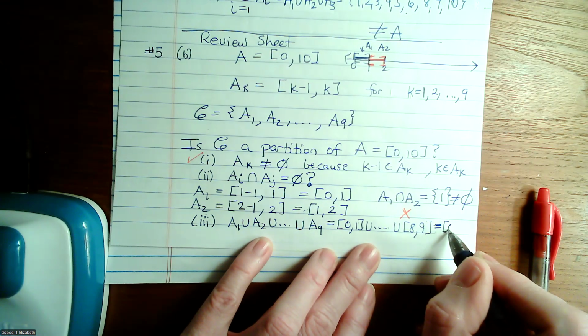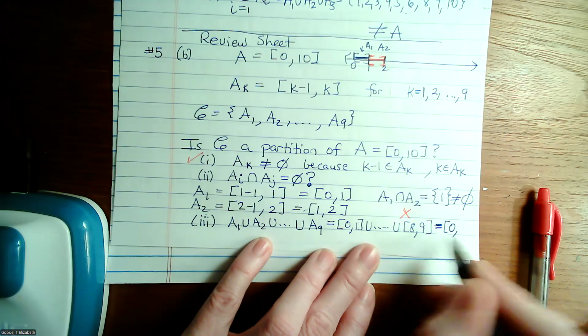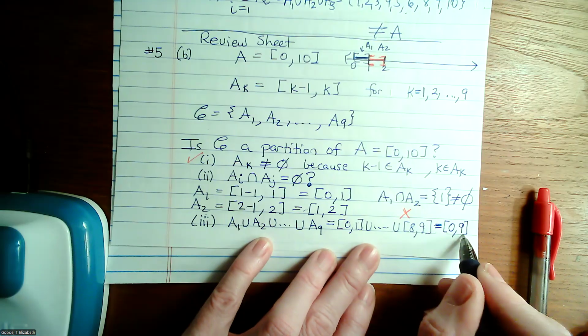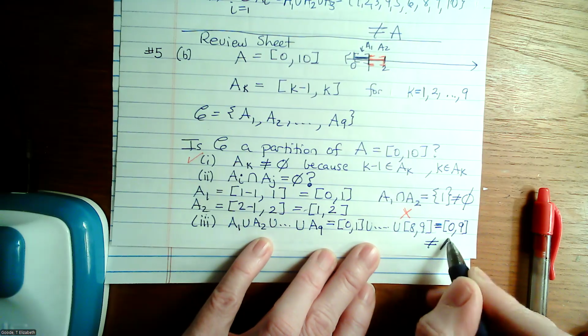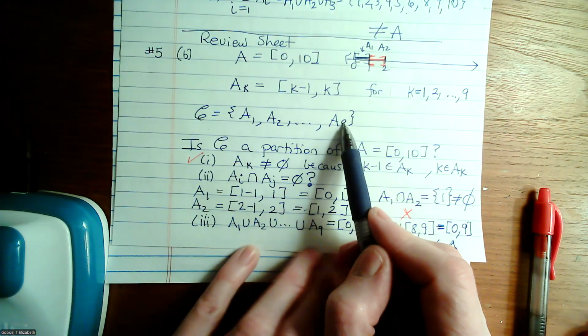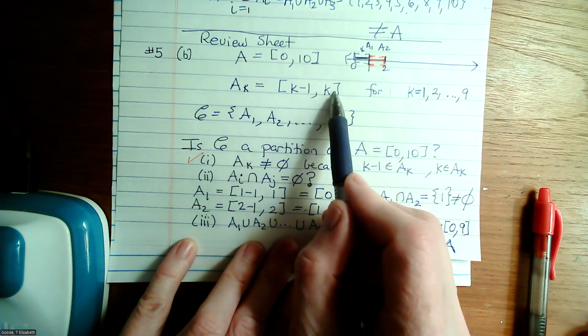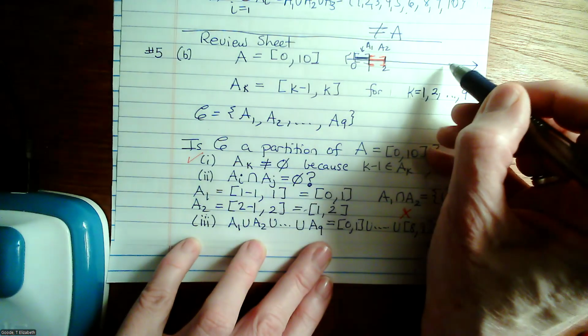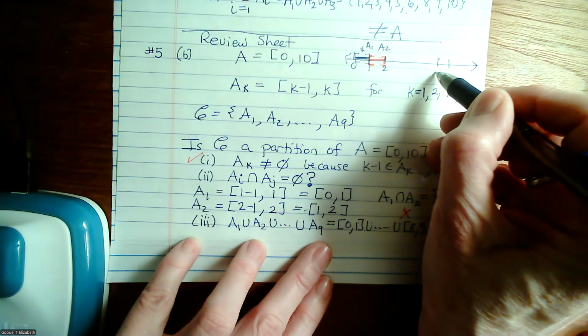It only goes to 9, and that's not equal to A because I only put it up to 9. So the last interval that we're unioning together goes from 8 to 9.